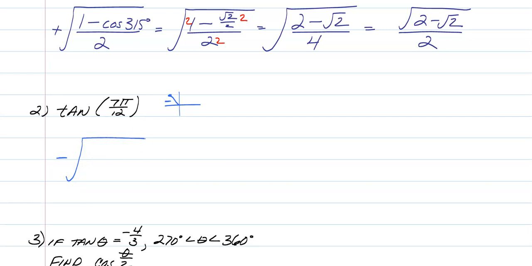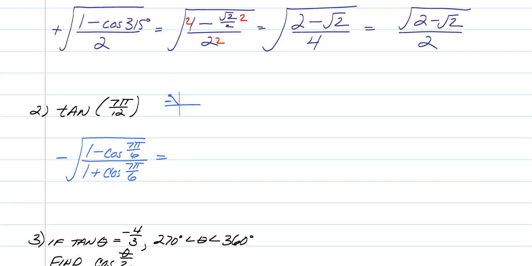Okay, now you're just going to plug some stuff in. So we're going to have 1 minus the cosine of the full angle, 7 pi over 6, over 1 plus cosine of the full angle, 7 pi over 6. What is the cosine of 7 pi over 6? So over here, cosine is negative.